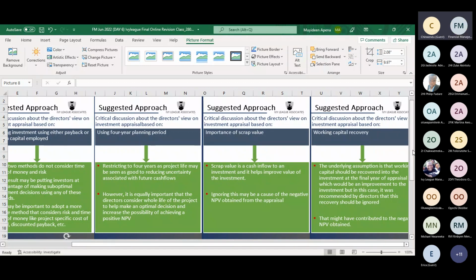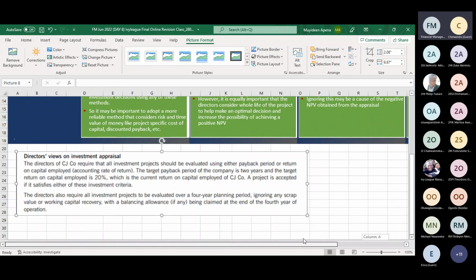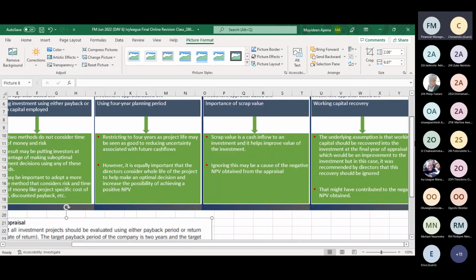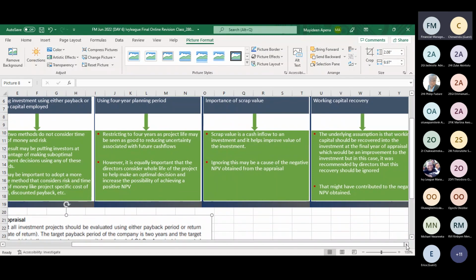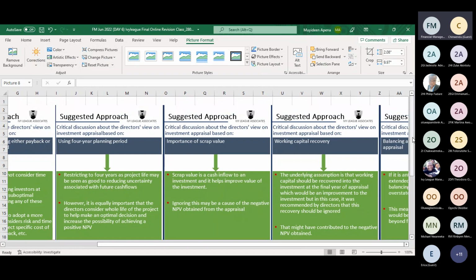The next thing the directors have said is that we should also ignore working capital recovery. Now, remember that the usual assumption about working capital is that at the end of the project life, all the total spent on working capital should be released back into the project as what? As a cash inflow to improve the value of the project, because it's an investment.